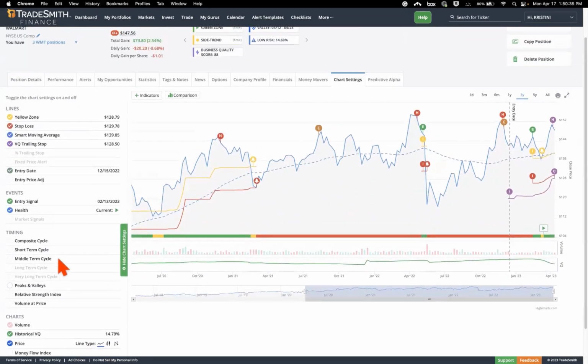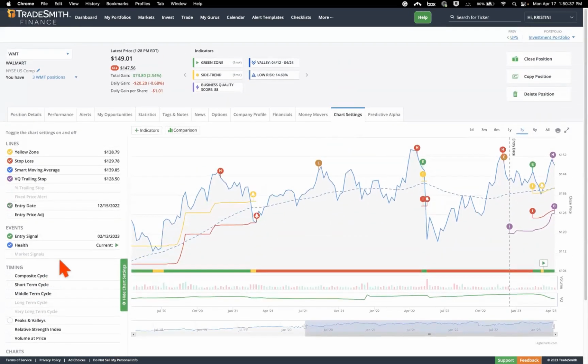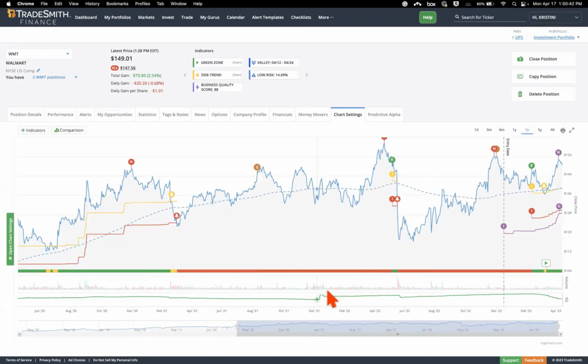I'm telling you, when you have the timing on, it does all these weird purple things and everything. So I'm going to hide this. All right, so that should be better. I have mine on 3 years, but feel free to research yours for how many years you want. I just put on 3 years because I want to go over these bubbles that you see here, and I want to make sure it shows all the bubbles that you could see on your chart.